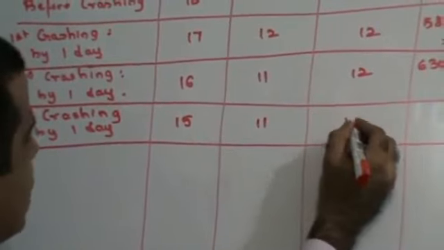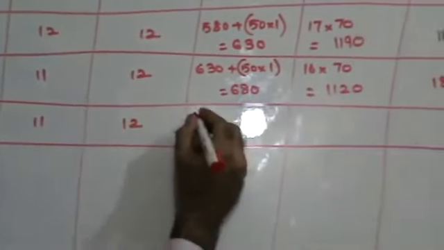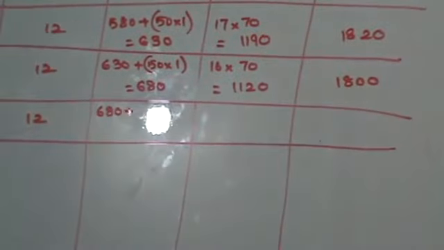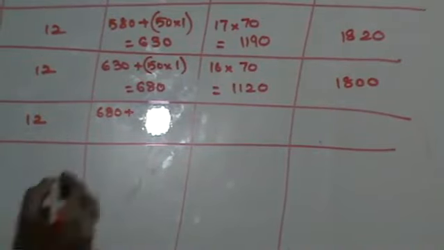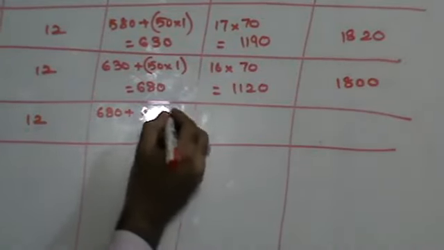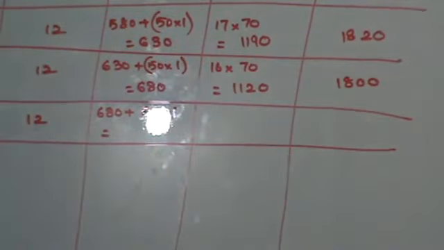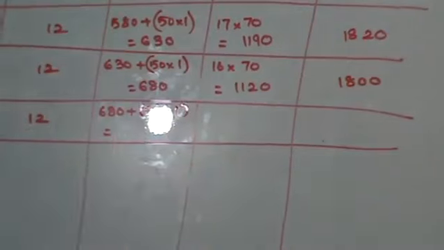This will remain as 12 only because there's no D involved in it. Right? Do we get this thing clear? Now, my cost was already 680 rupees. I already told you that the crashing cost of D is 60 rupees per day. So this is going to be nothing but 680 plus 60 into 1, which will come to 740.